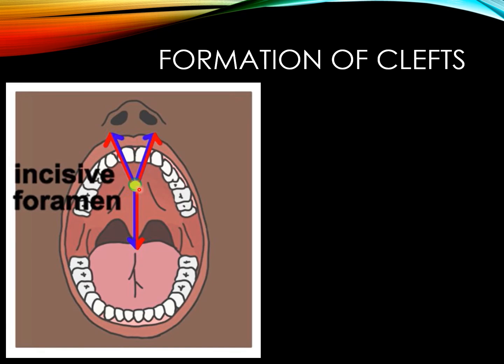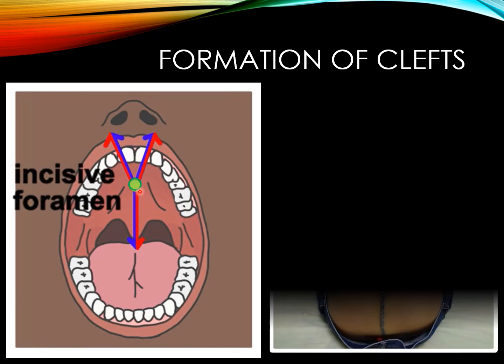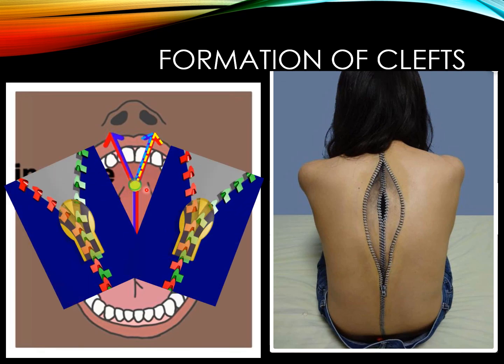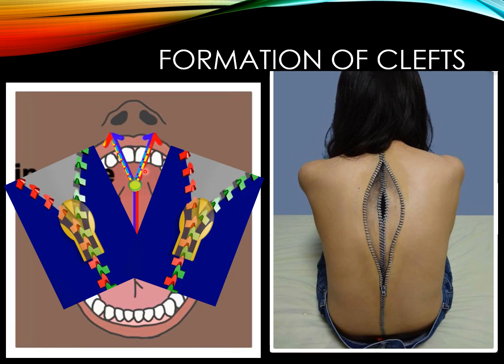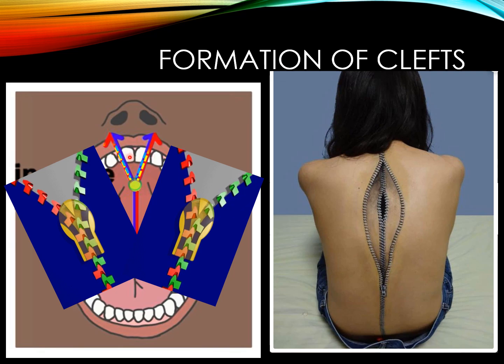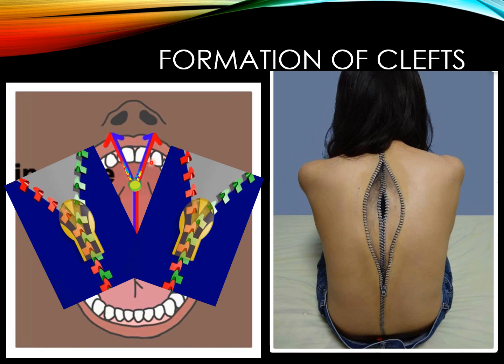The incisive foramen is a reference point, and like a zipper, from this point it is closing to the right and left sutures in the primary palate, like a zipper.